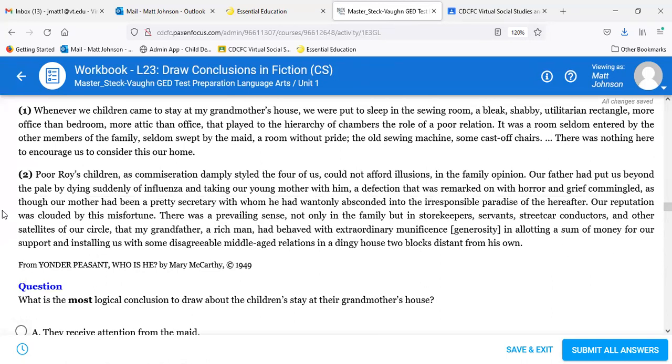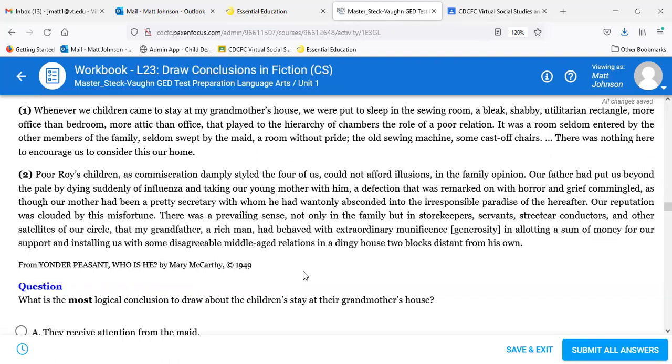In allotting a sum of money for our support, there was a prevailing sense not only in the family, but in storekeepers, servants, streetcar conductors, and other satellites of our circle, so people that knew these kids, that my grandfather, a rich man, had behaved with extraordinary munificence. I believe that's how it's pronounced, extraordinary generosity, in allotting a sum of money for our support, and installing us with some disagreeable middle-aged relations in a dingy house 2 blocks distant from his own.